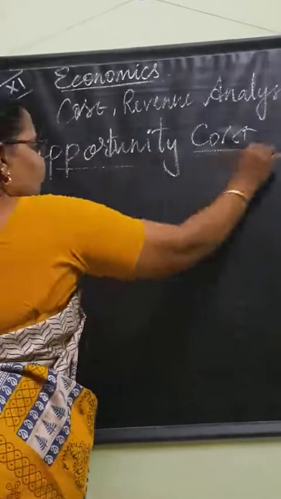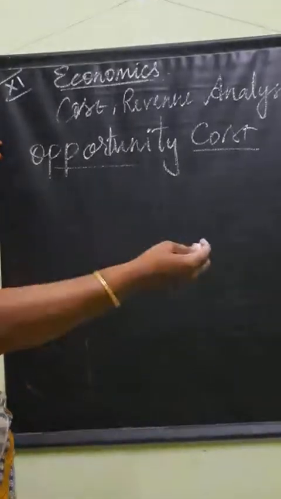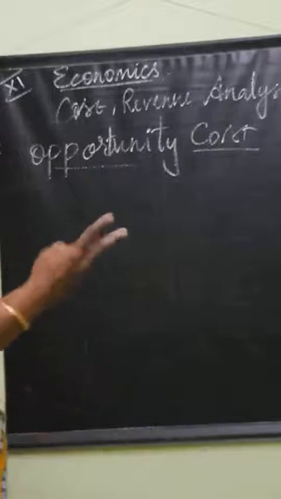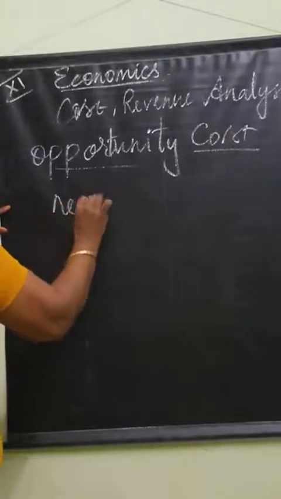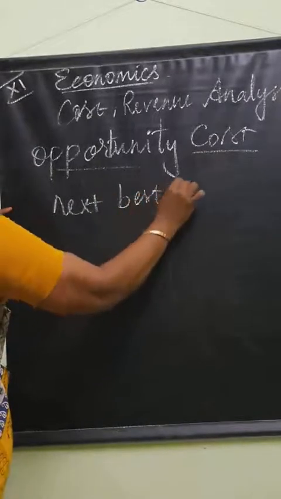Instead of spending this, I'll go for the next best option. That is opportunity. The alternative is called opportunity. Substitute is called opportunity. That is the cost of the next best alternatives. Next best alternative is called opportunity.